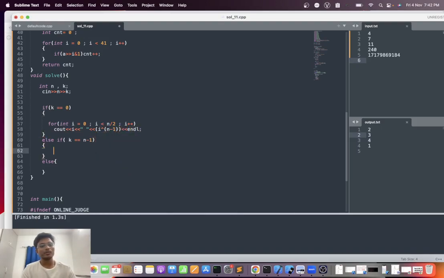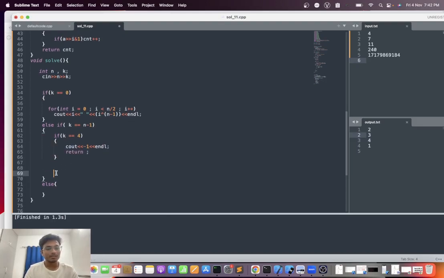This will output n by 2 pairs, and all XOR values are 0. The second one is if k is equal to n minus 1, then if n is equal to 4, I say the value will be minus 1 and return this.